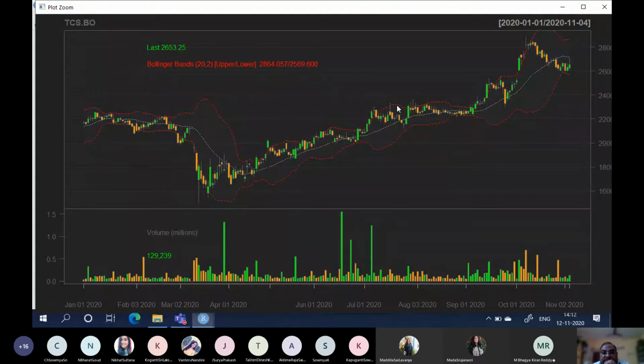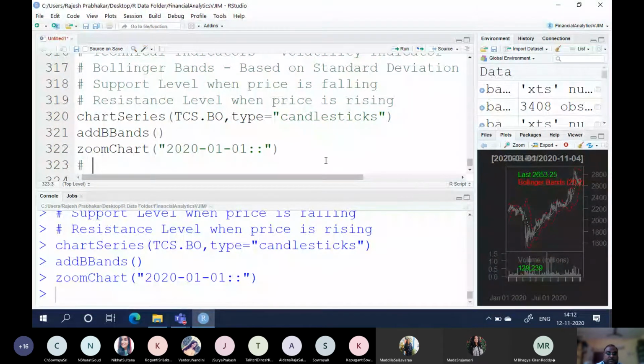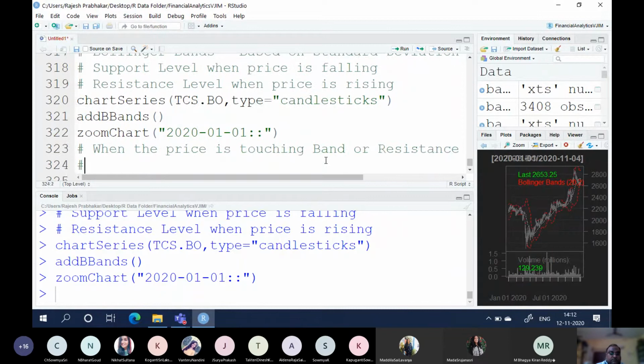When the price is touching the resistance level, then you can expect a reversal. So that is where these Bollinger Bands are used. When the price is touching the upper band or the resistance level, price reversal will happen.